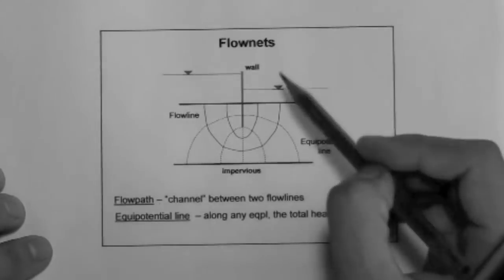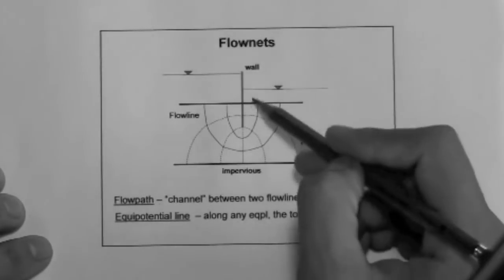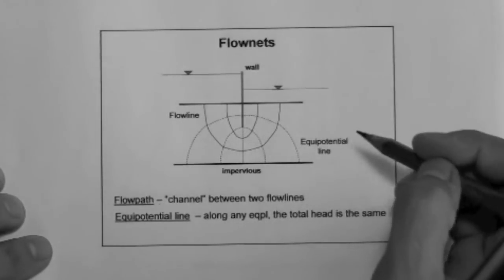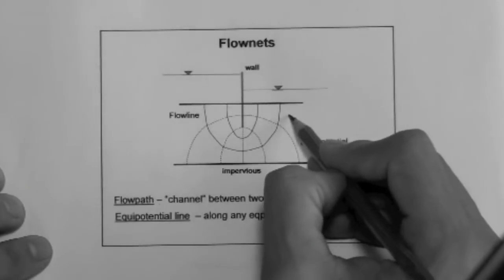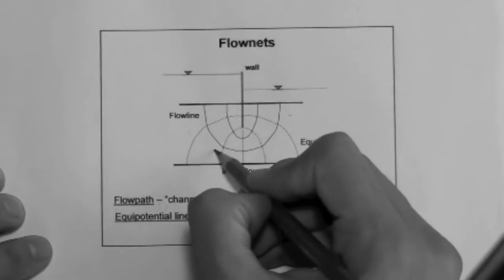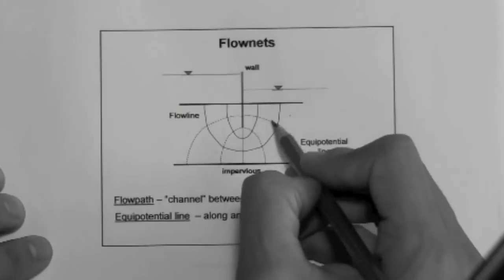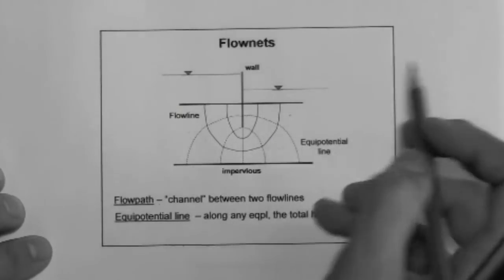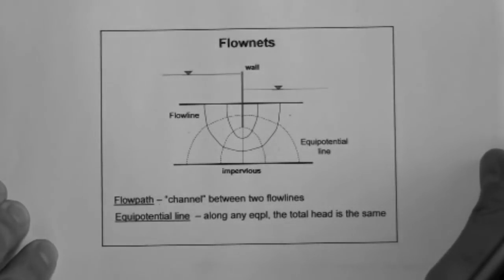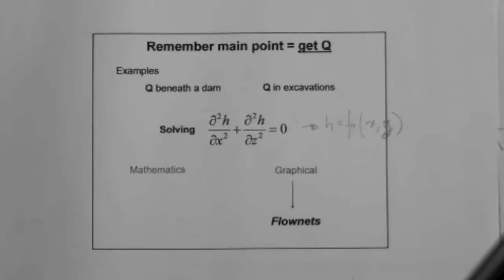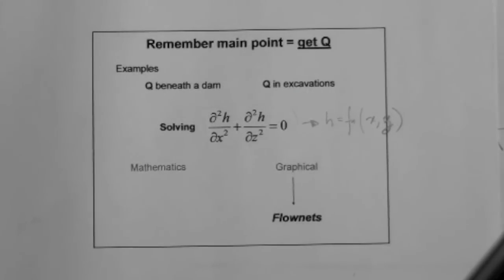Essentially solving Laplace's equation for this problem would give us the total head at any point, a point here, a point over here, any point in the soil mass through which seepage is taking place.